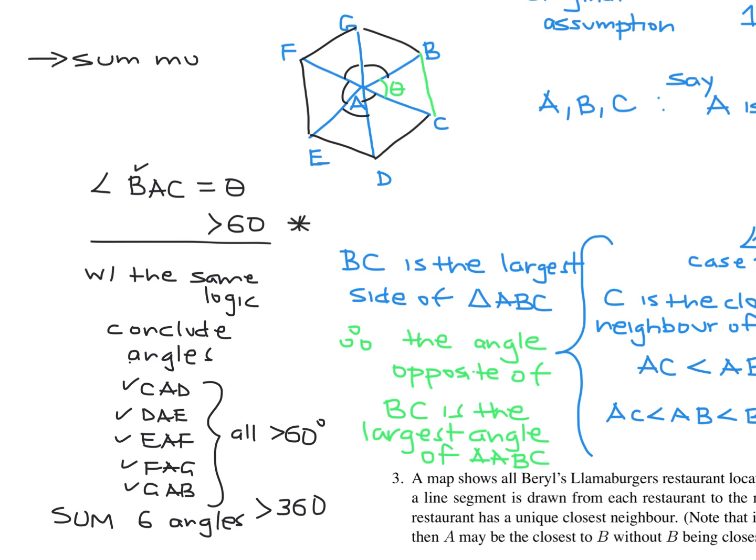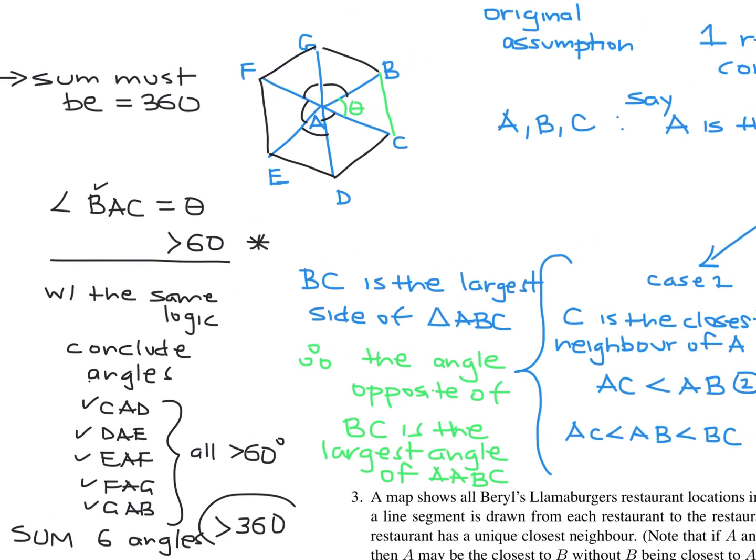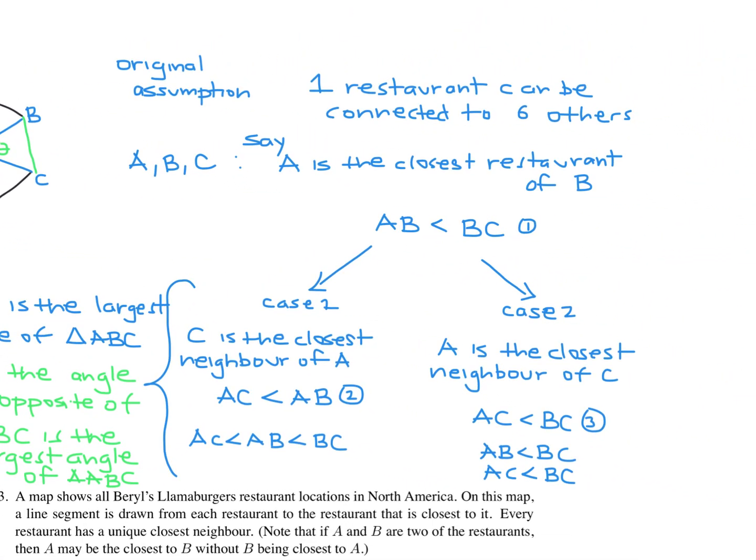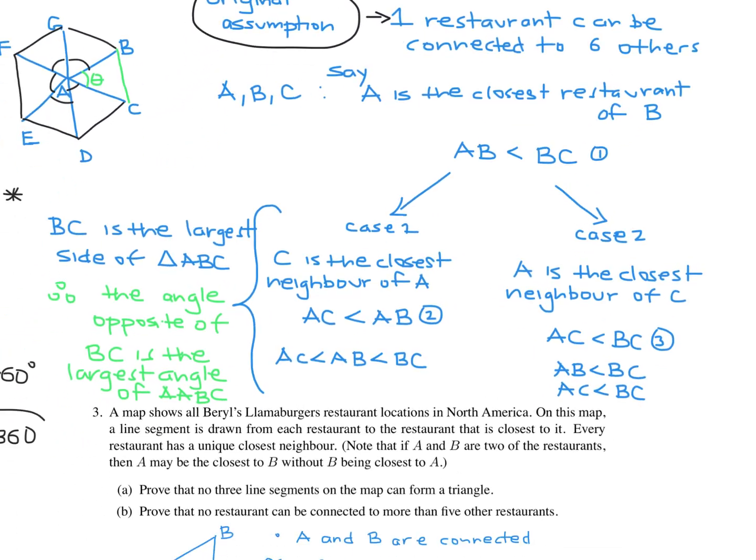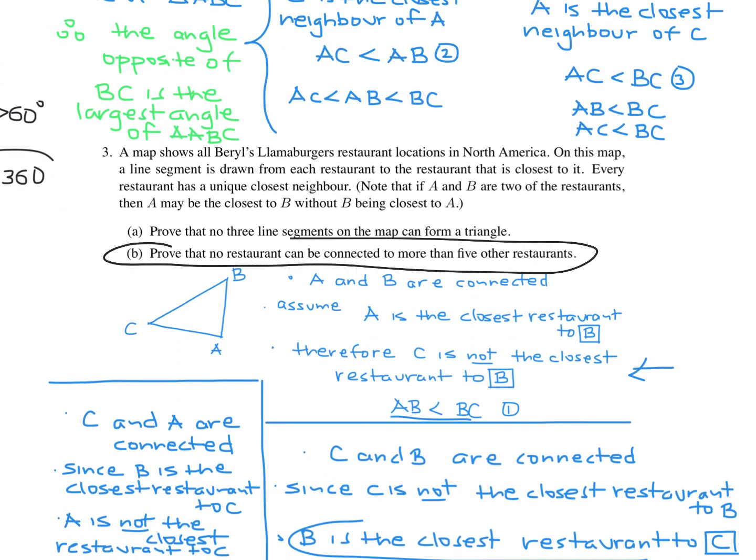Sum must be equal to 360. We have shown that it's greater than 360, and that is a contradiction. So because it's a contradiction, we go back and conclude that our original assumption is incorrect. And therefore, we have proven that it is not possible for one restaurant to be connected to 6 others. And that is pretty much what they wanted in Part B, to prove that no restaurant can be connected to more than 5 other restaurants.